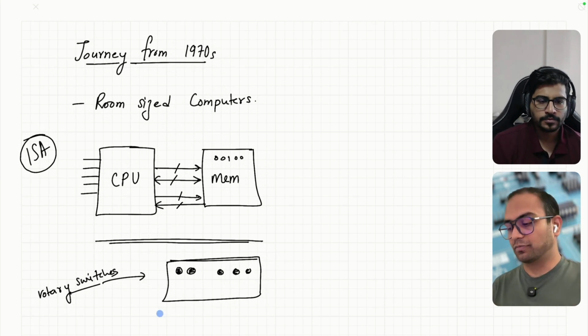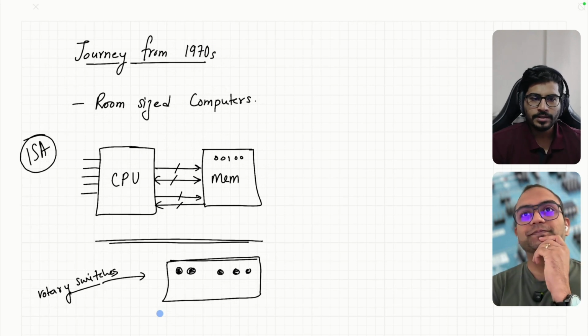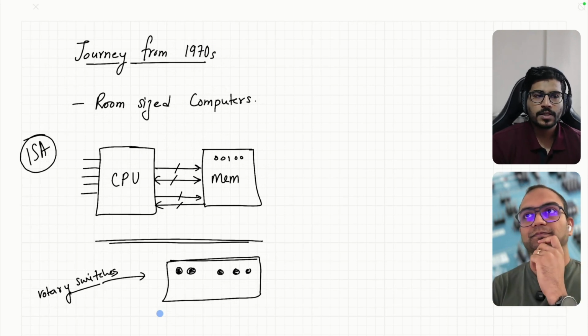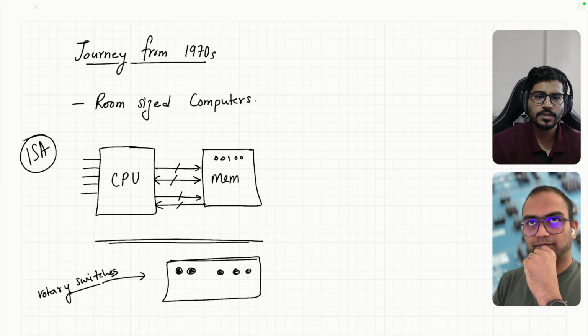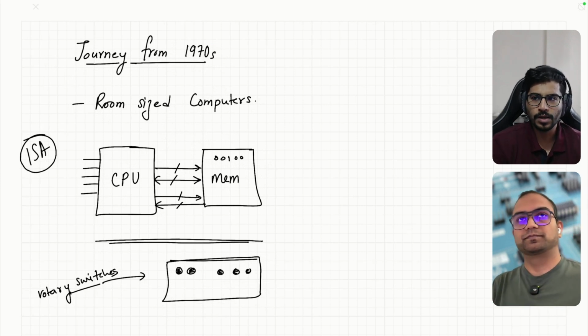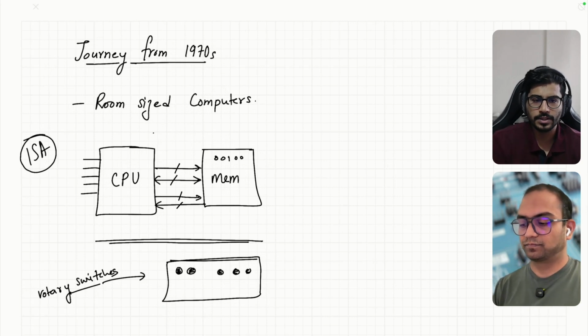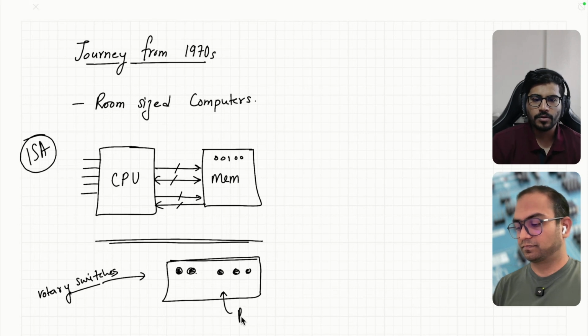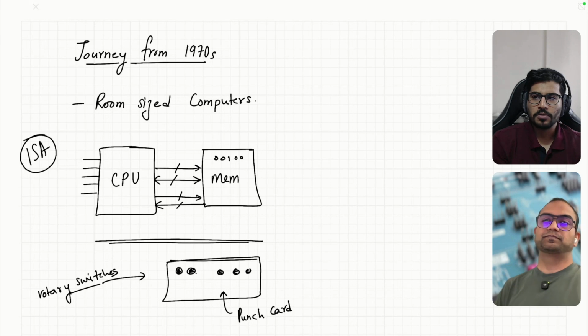So at this moment, the CPU, or rather the entire system as a whole, is just equipped to do one job, and that job is transcribed in the card which is fed to it. This punch card, what they used to call it back then, would have a very simple calculative job for the computer to be done.